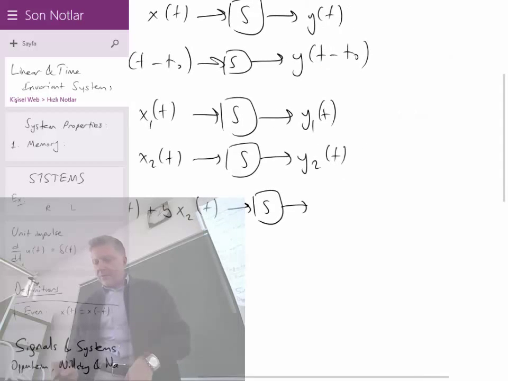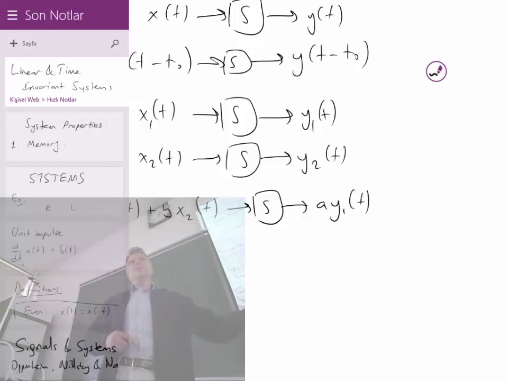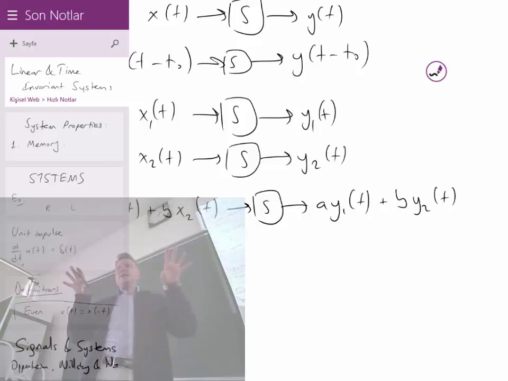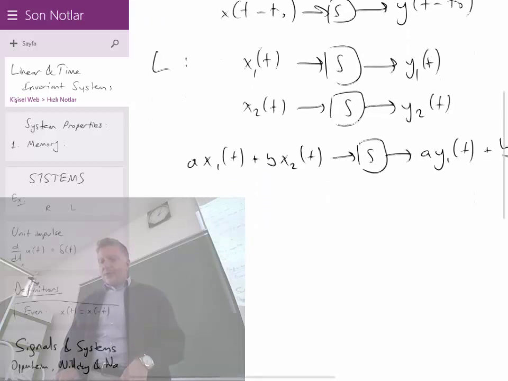It will have to produce the same scaled version of the response to the first input, plus the same scale with the answer to the second input. So when you combine several individual inputs, the corresponding outputs will also be combined. That is linearity.